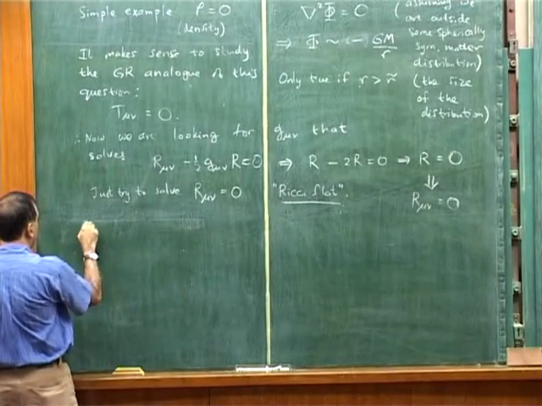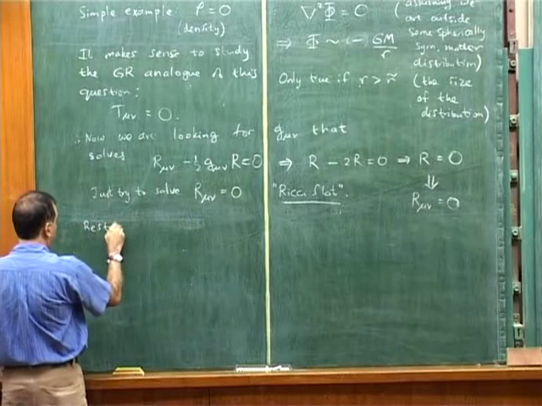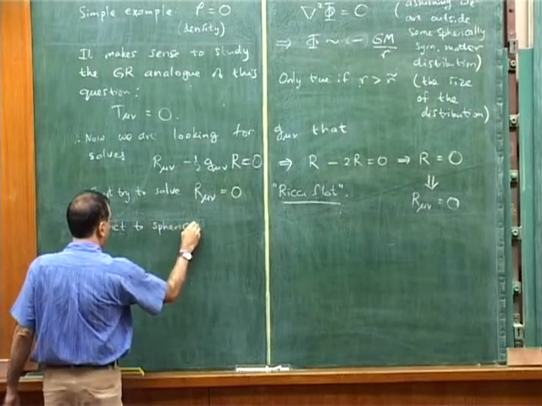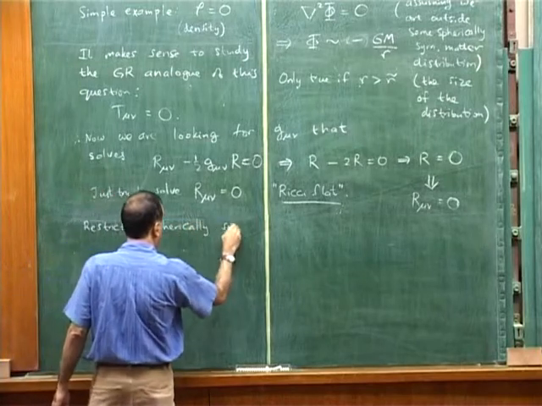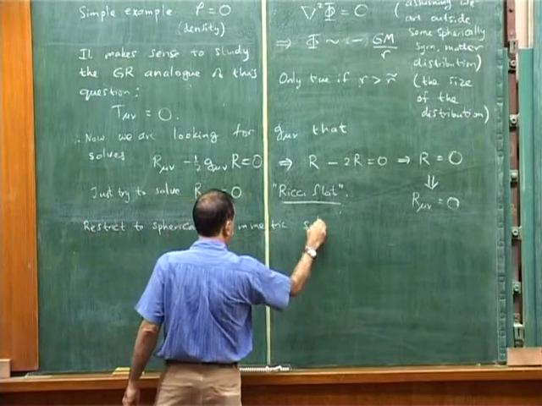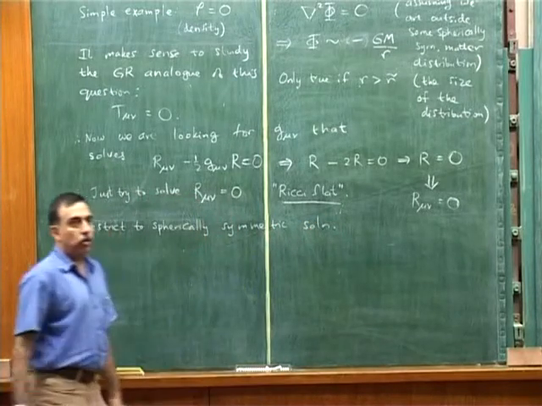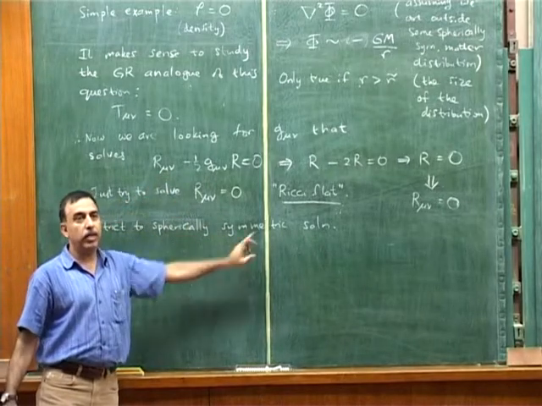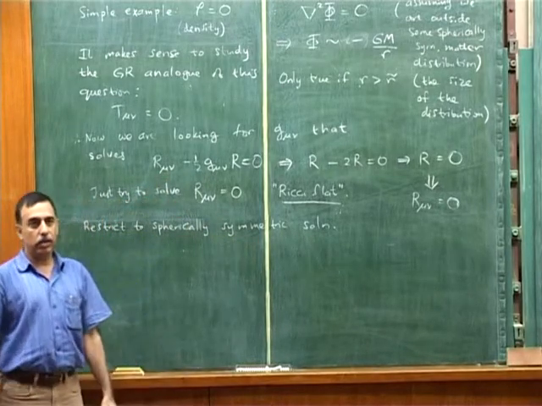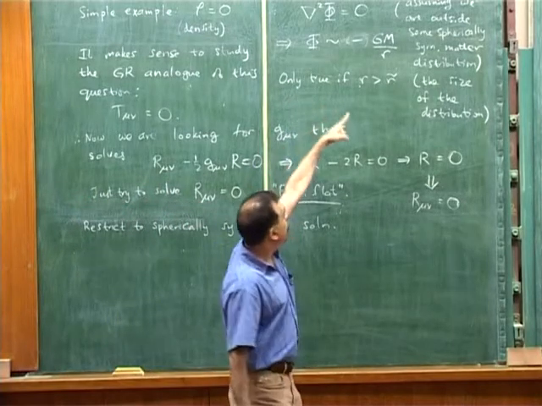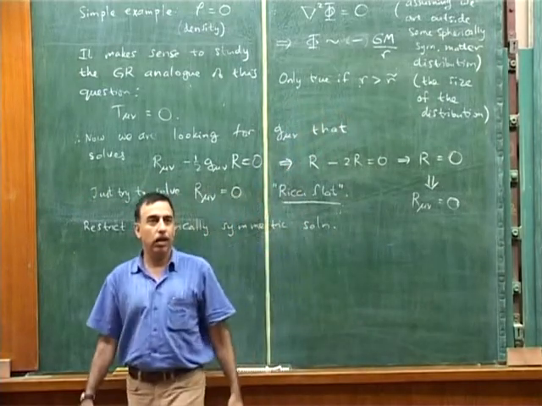We'll restrict to spherically symmetric solutions for now. So we are going to try and solve the vacuum Einstein equation with a spherically symmetric solution. That's the analog of solving del squared phi equals 0 and finding that phi goes like 1 over r.